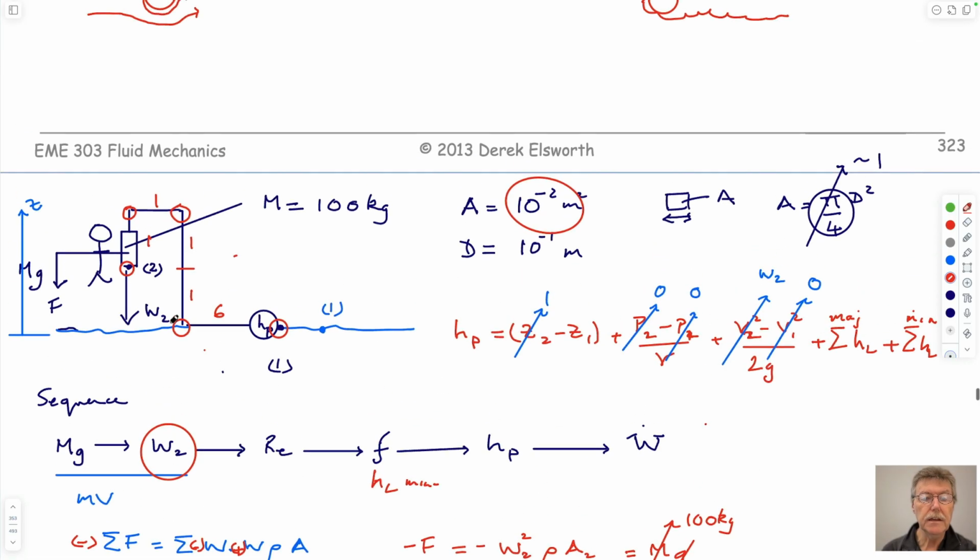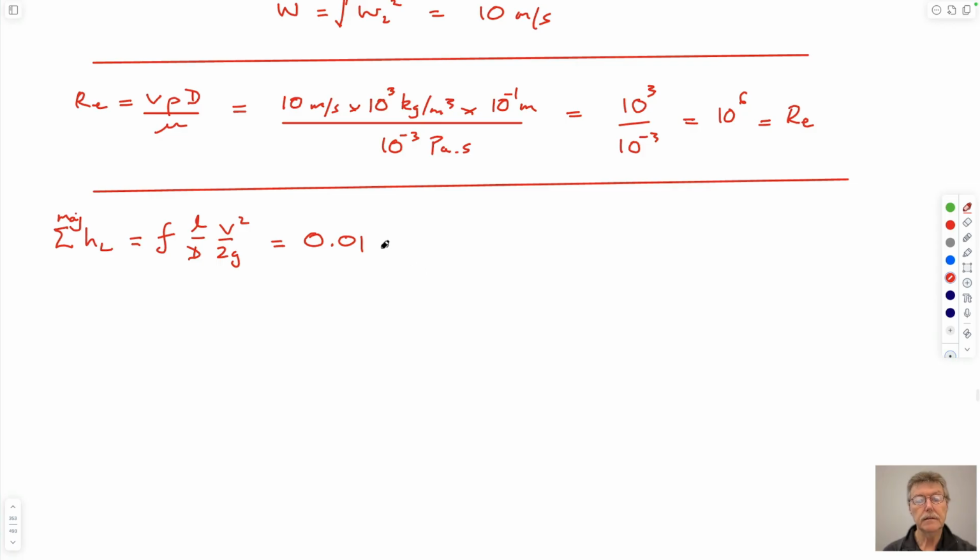Length, conveniently, is 10 meters, over our diameter, which was 10 to the minus 1 meters, multiplied by v squared. What was our velocity? 10 meters per second, squared, in meters squared per second squared, divided by 2 times 10 meters per second squared.